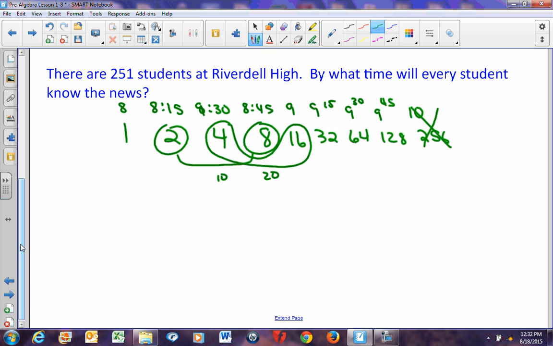And let's see here, these two numbers here, so 60. And so we have 160 plus 20 plus 10 plus 65. Okay. That's 190 plus 65, which is 255, which is greater than 251.